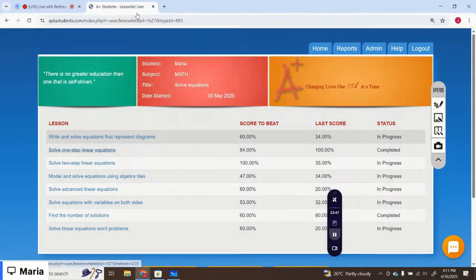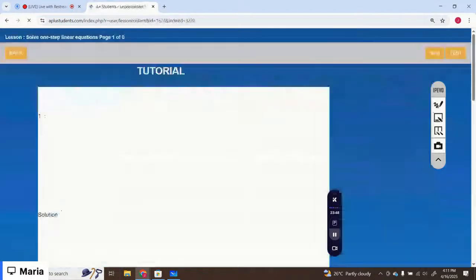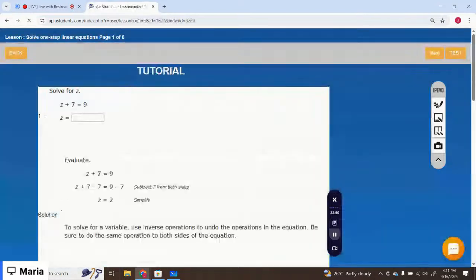The next lesson is solve one-step equations. Z plus 7 equals 9.